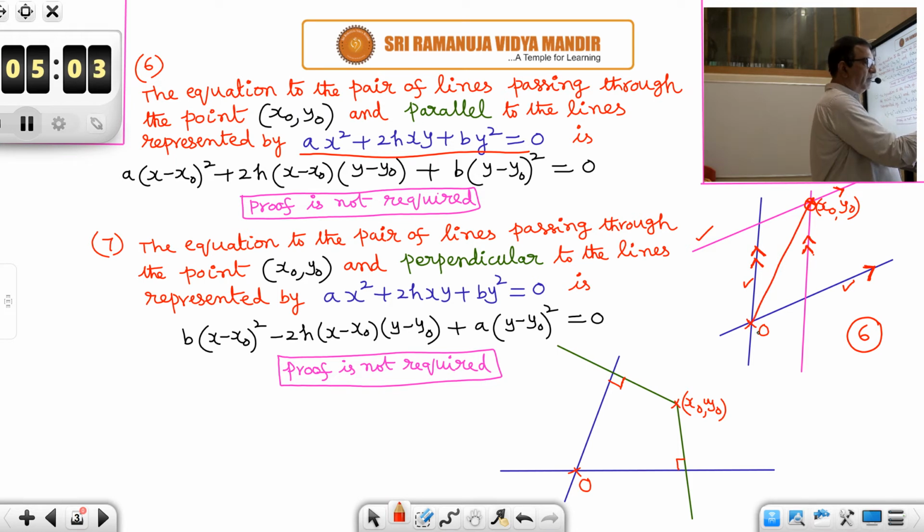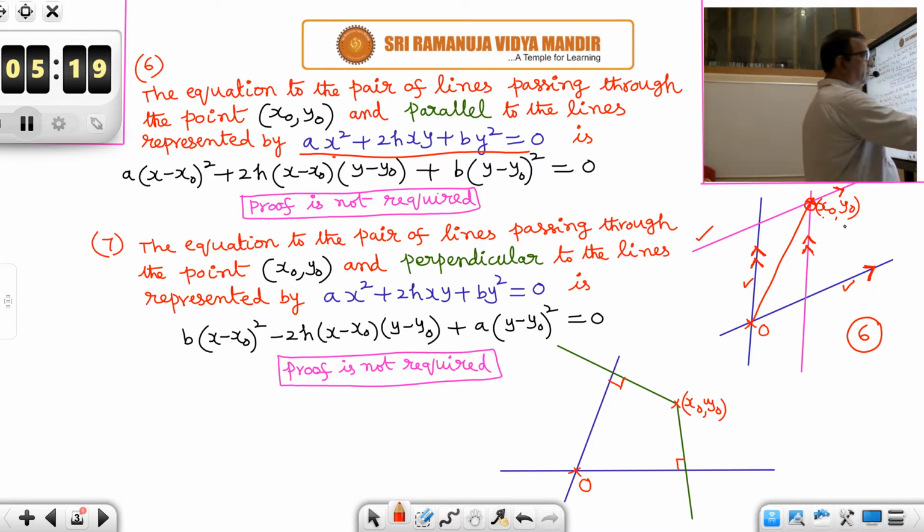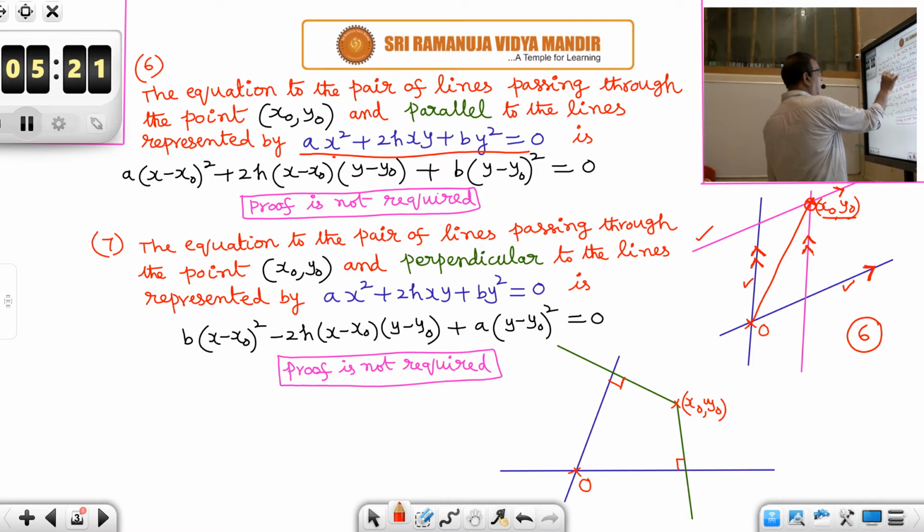For the pink pair of lines, the equation is easily obtained by just replacing x by x minus x0 and y by y minus y0 in the original equation, ax square plus 2hxy plus by square is equal to 0.